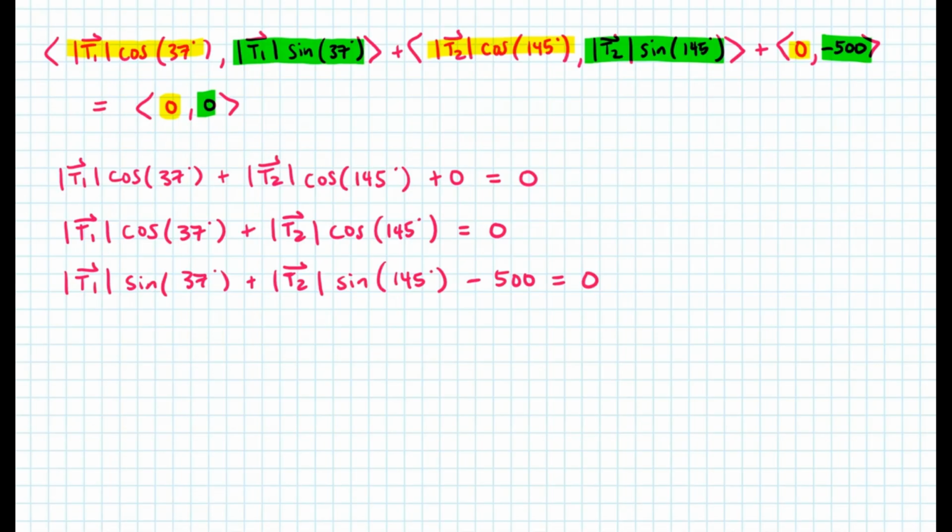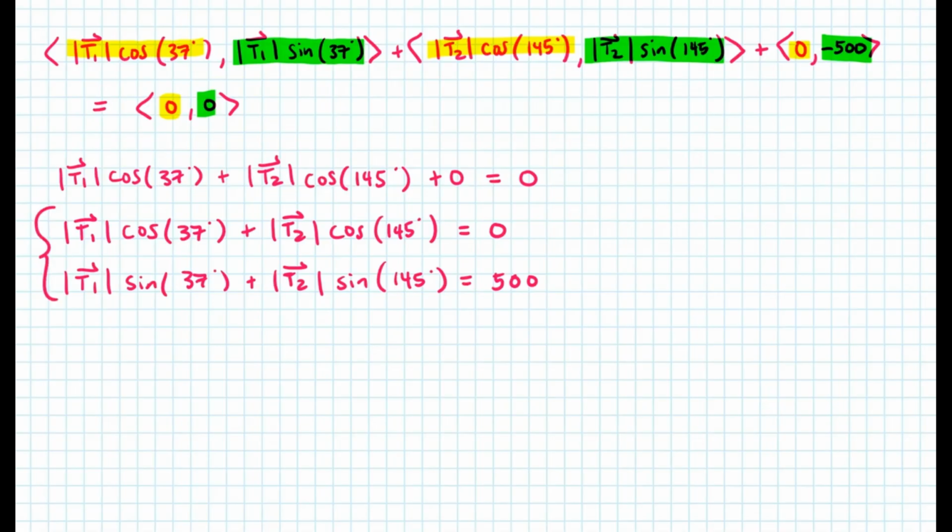Now I'm going to rewrite this so that if I add 500 to both sides, that's going to give me equaling 500 here.